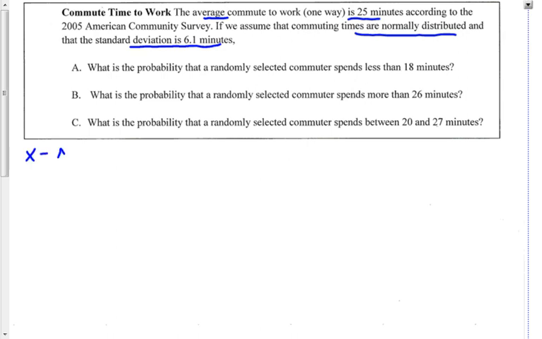We have to know that. We have to know the mean. And we have to know the standard deviation. So this is the distribution we're working with. We have identified it. That all has to be given ahead of time.